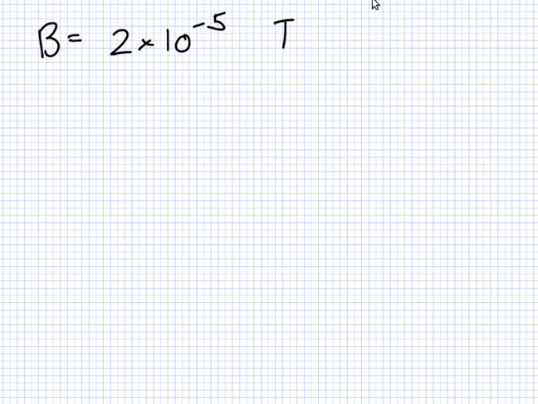Now, which way is north? The city centre would be north, which would be that way. So which way is the magnetic field in this room going at the moment? It's going that way, because the North Pole is actually where the south end of the magnet is. Magnetic north is in Canada, so the magnetic field is going this way.